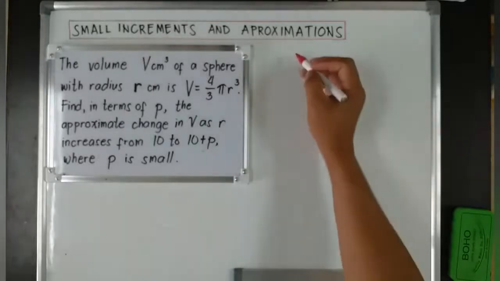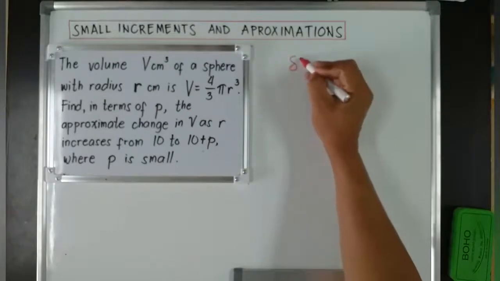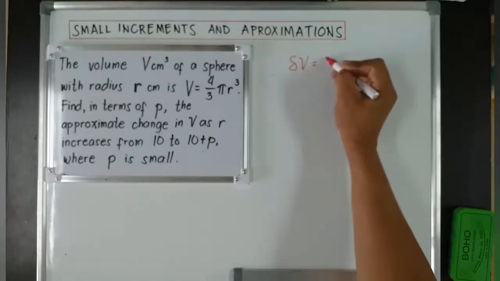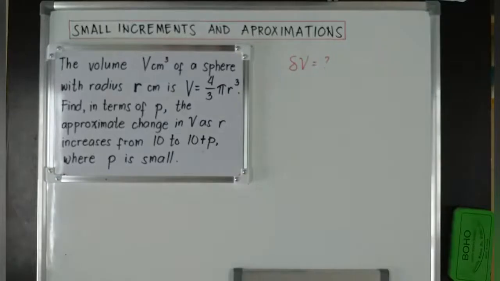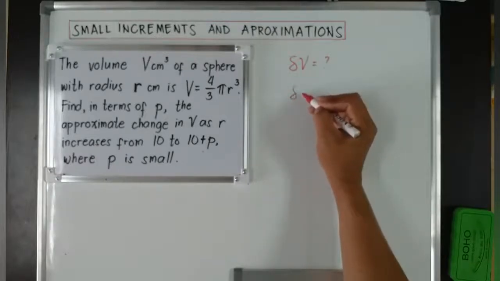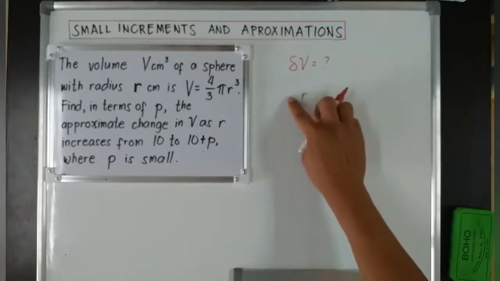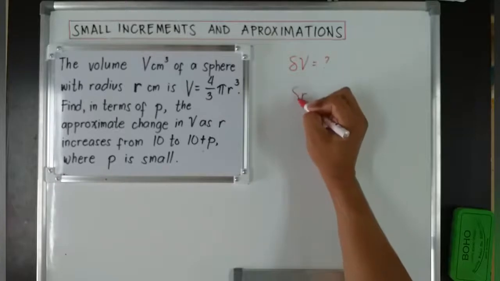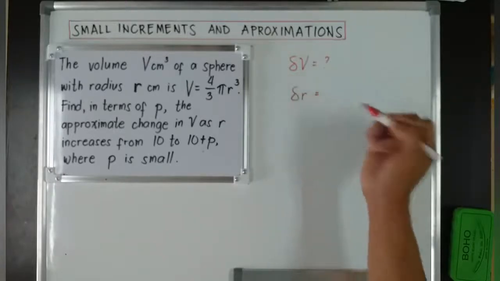Small increment of V is written as this, so this is what you are going to look for. And you know that a small increment of R is equivalent to what?